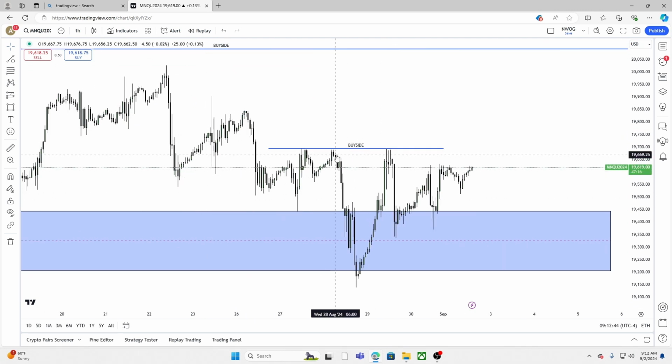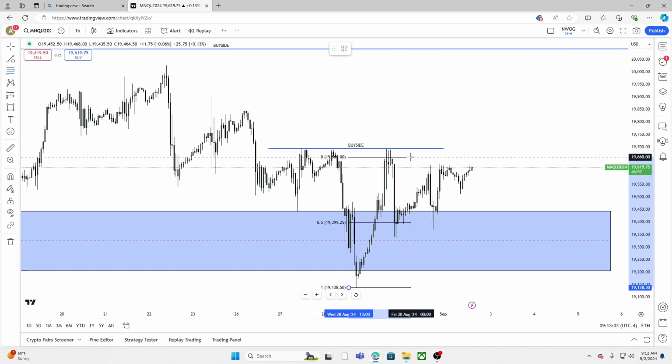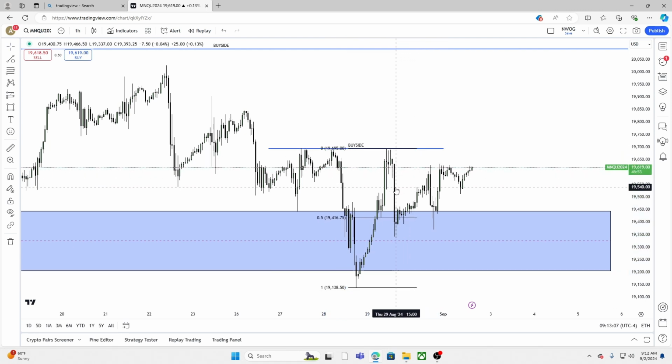So starting from this range down, we came in below the daily BISI. We traded above, breaking this high, which created a shift in market structure, a change in the state of delivery. And then we pull out our fib. Price comes back down below 50%, running this low inside of a discount fair value gap.